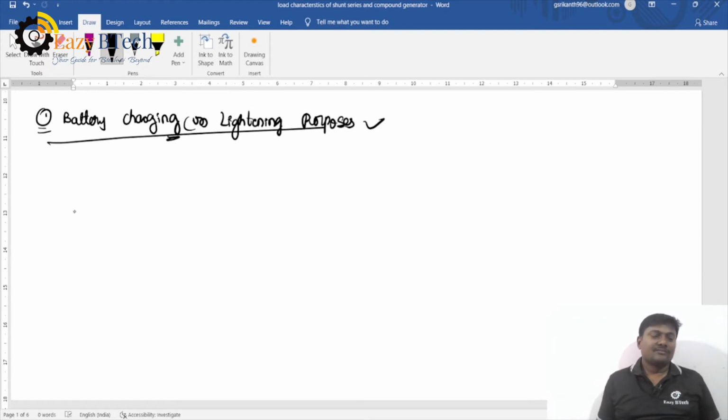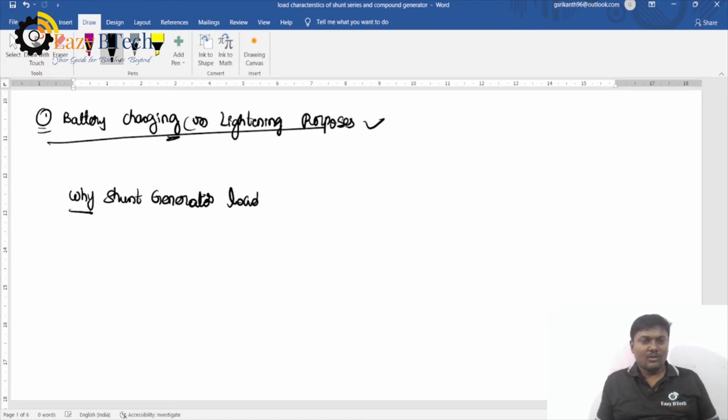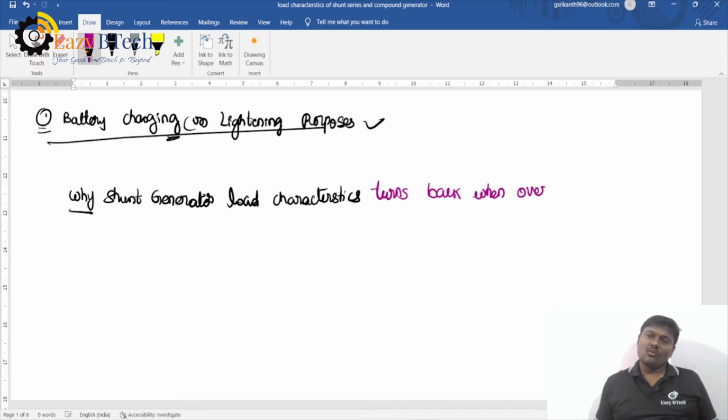Suppose you increase the load beyond this value, what will happen? Why does the shunt generator load characteristic turn back when overloaded?